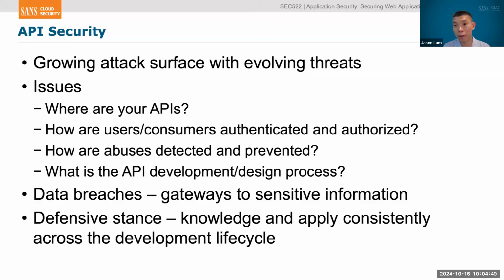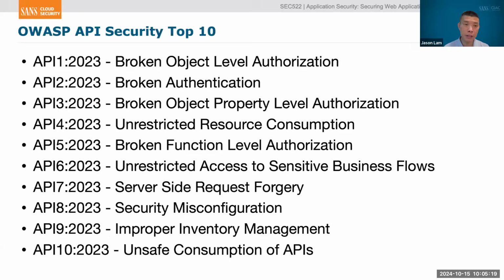You can interact with it very fast, and people go and scrape a lot of data very quickly, and that can induce a lot of damage to the organization offering that API service. There are also many data breaches associated with it. So if your organization is offering or consuming any of these APIs, either through your cloud service provider or SaaS and so on, you really want to take a defensive stance. And today's exercises are all geared towards that.